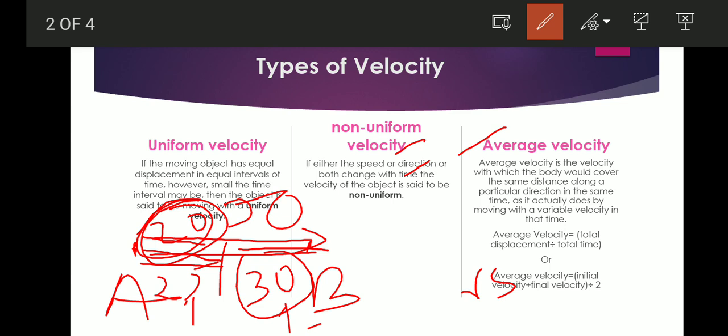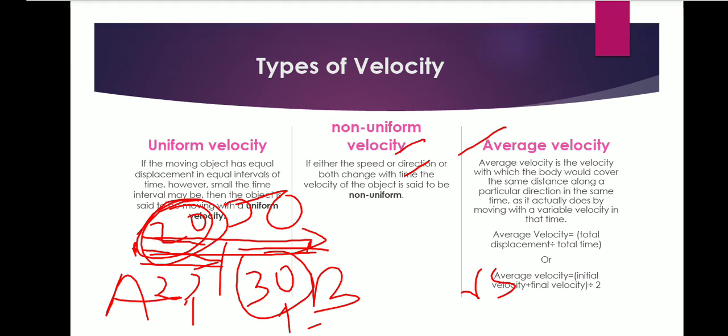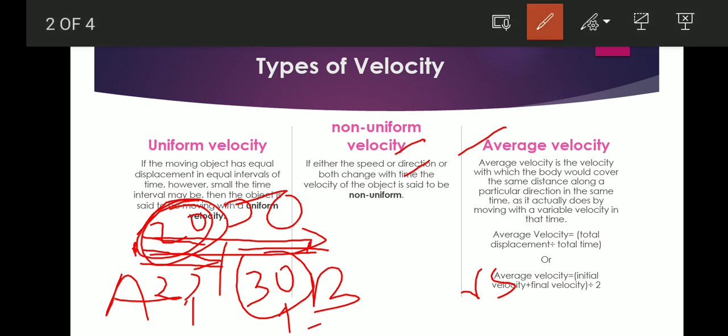Okay, that means here, for example, in this non-uniform velocity, initially you traveled with a velocity of 20 km per hour, and another half also you travel with 30 km per hour.